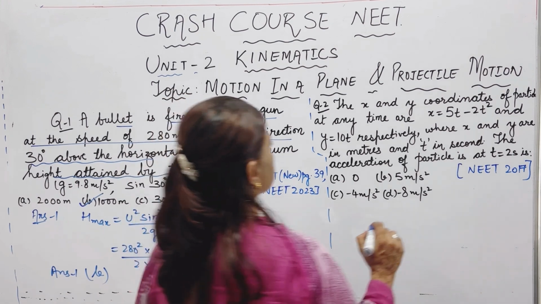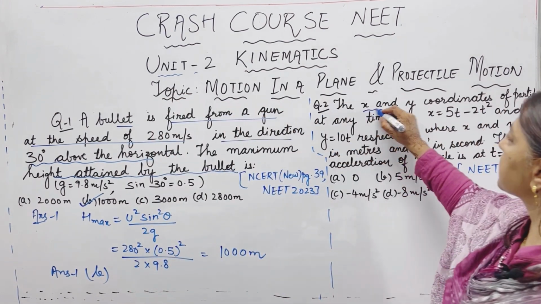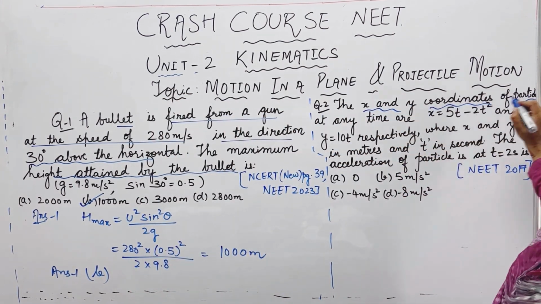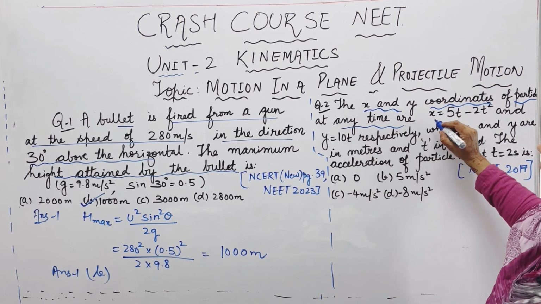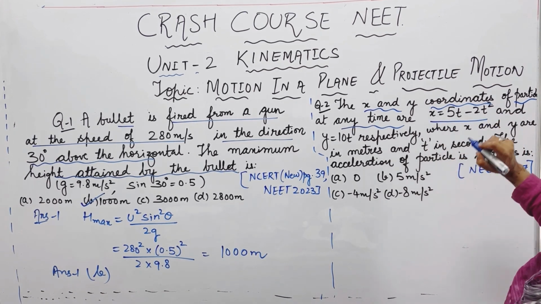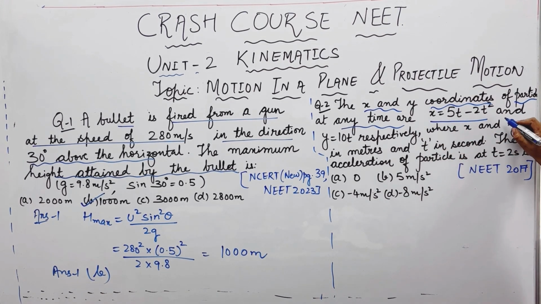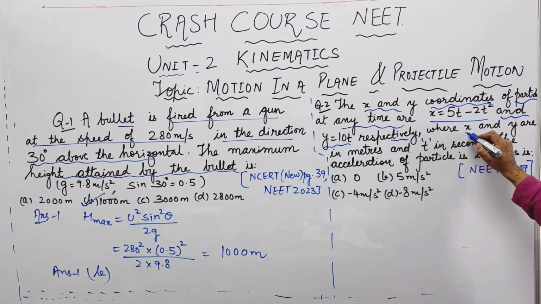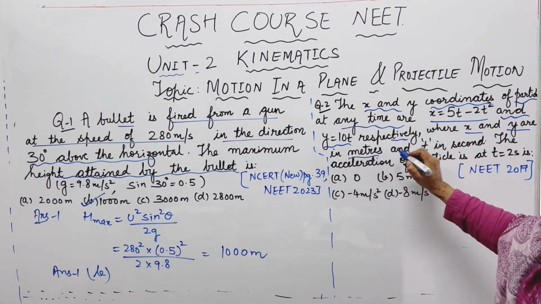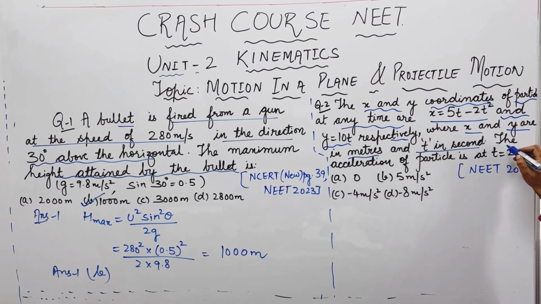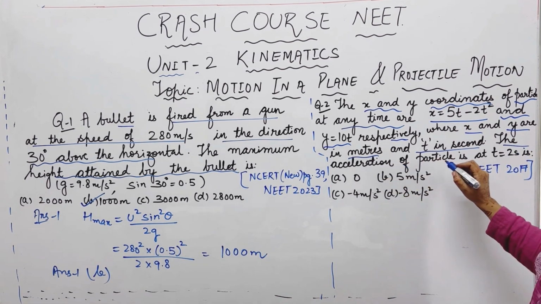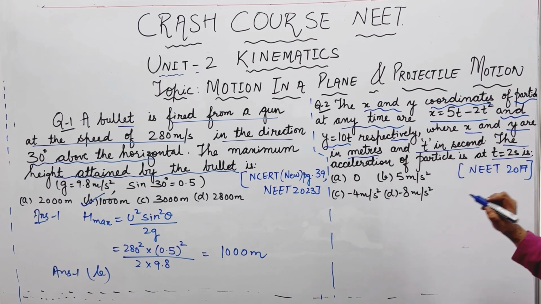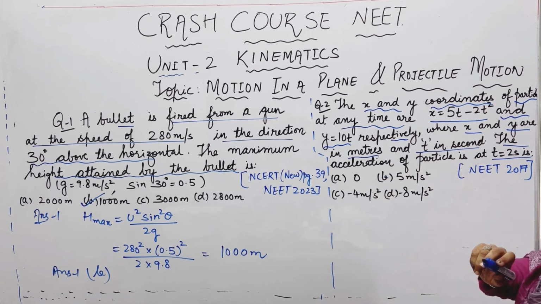Now look at this second question. The x and y coordinates of a particle at any time are, this is x equal to 5t minus 2t square and y is equal to 10t respectively, where x and y are in meters and time is in second. The acceleration of the particle at time 2 second is, and these are the options given to us.